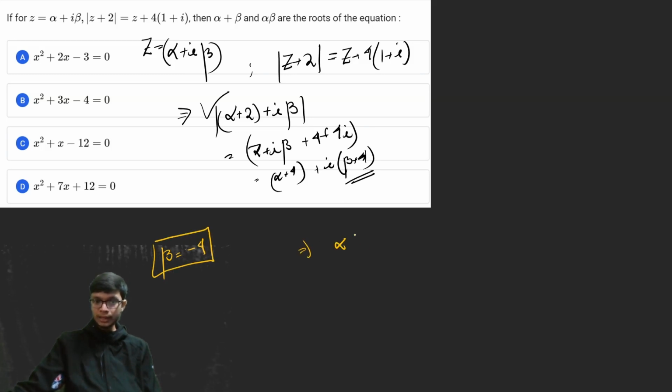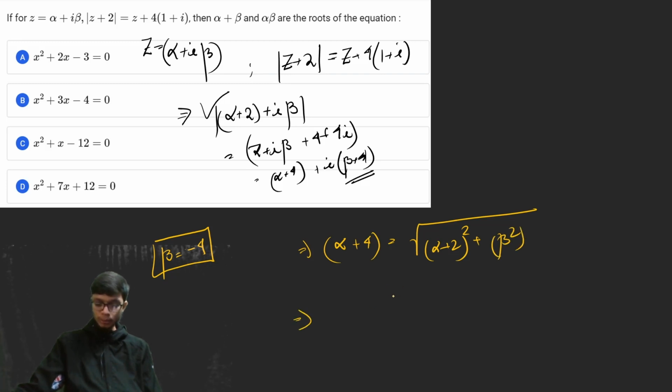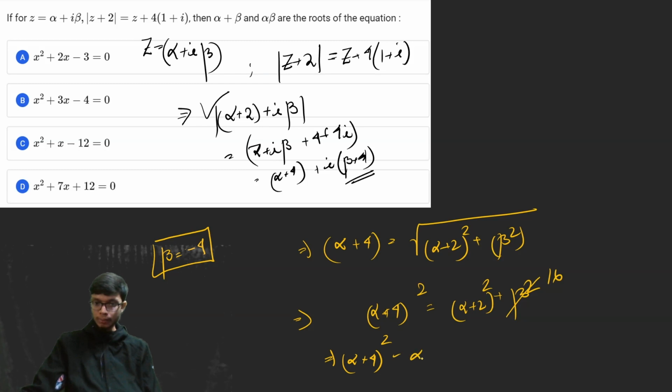And the rest is basically alpha plus 4 is equal to the square root of alpha plus 2 whole square plus beta square. So from here, if you square both sides, you will get alpha plus 4 whole square is equal to alpha plus 2 whole square plus beta whole square. Now beta is already equal to minus 4, so you can directly write beta whole square is 16. So alpha plus 4 whole square minus alpha plus 2 whole square is equal to 16.